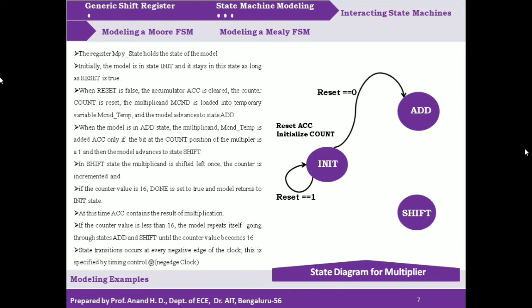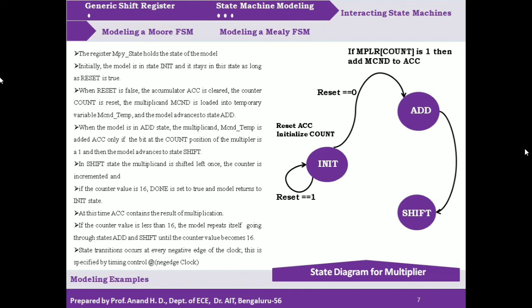And then when the model is in add state, the temporary multiplicand is added to the accumulator content only if the bit of the multiplier which is pointed to by the counter variable count is equal to 1. And then there will be a state transition from add state to shift state.